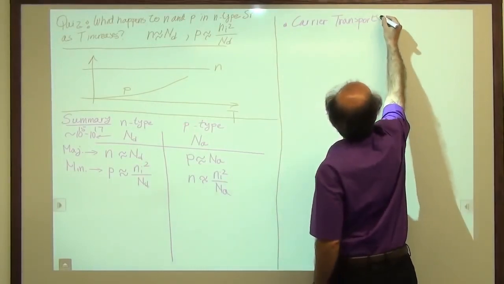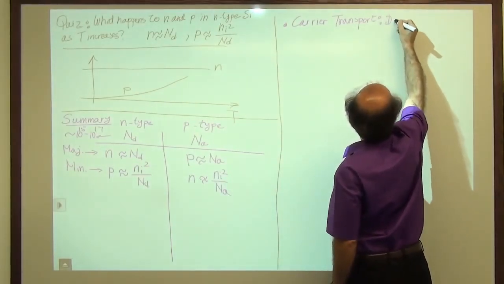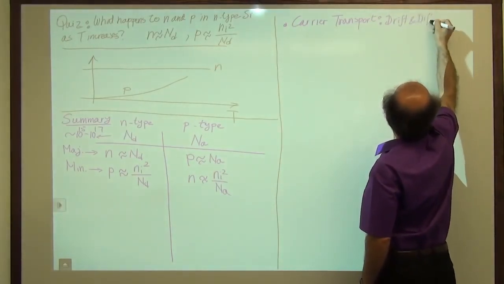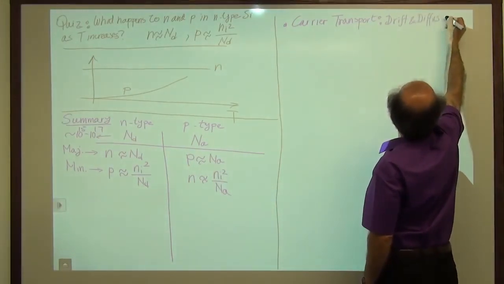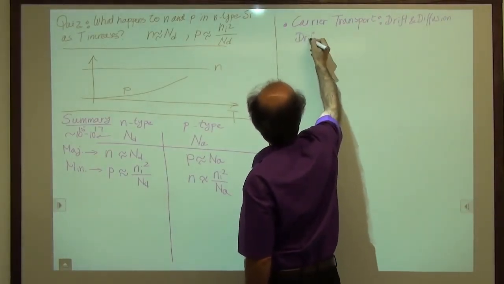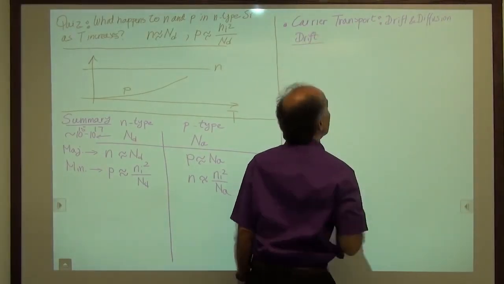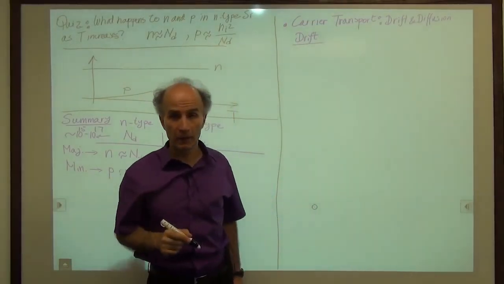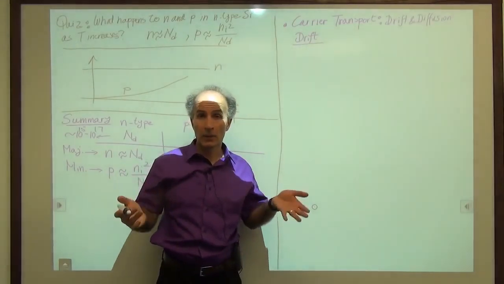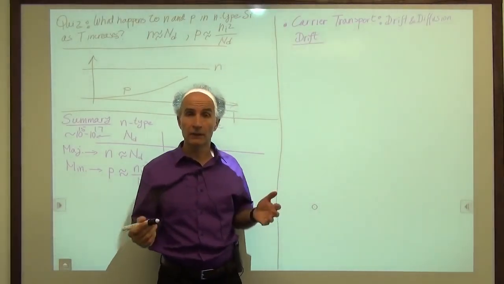So we have drift and diffusion. So we will focus on drift. Drift is actually a very familiar effect to us because it comes from applying a voltage or applying an electric field to the material.